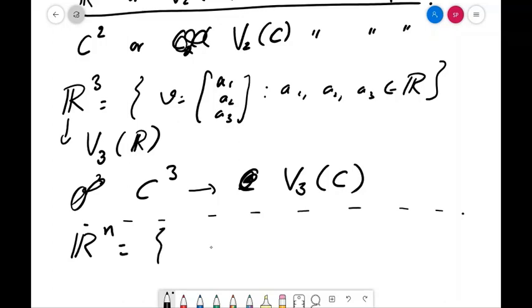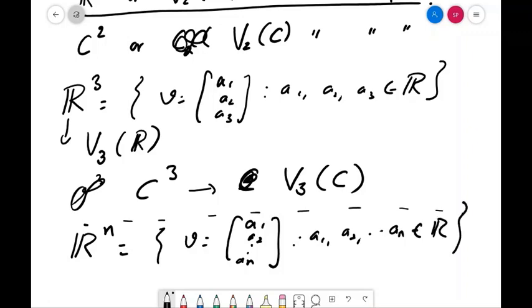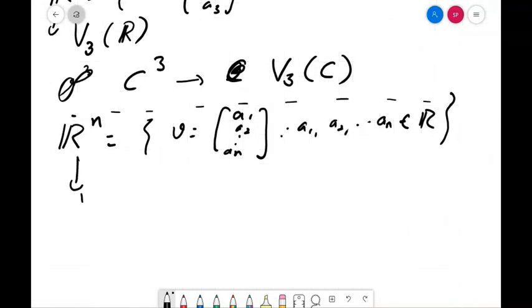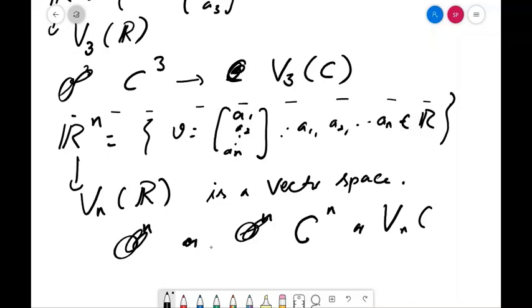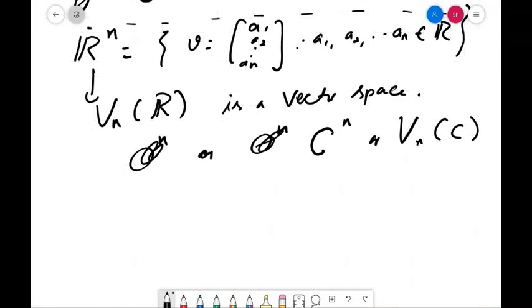What is Rn here? It has vectors of the form a1, a2 and so on up to an, such that a1, a2 up to an belong to R. This I will say is Vn over R, also a vector space. Similarly, Cn or Vn over C is also a vector space.